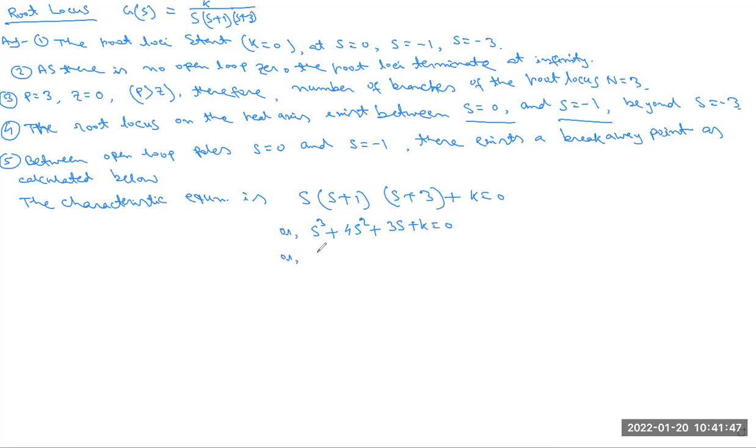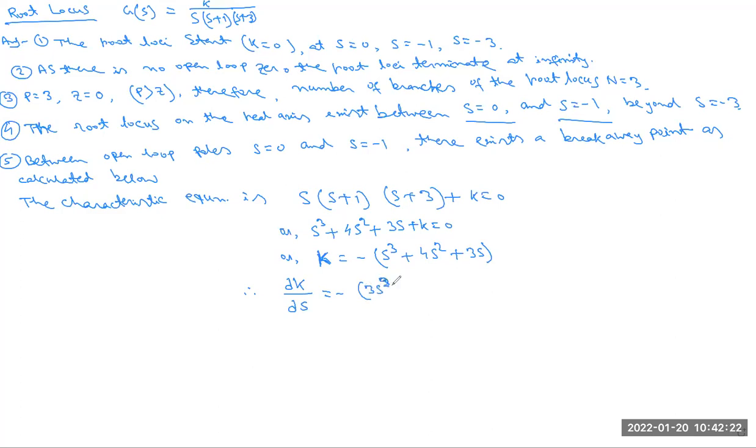Or we can write this equation as k equals minus of s cubed plus 4s squared plus 3s. Then you have to take the first order derivative with respect to s, that means dk/ds.